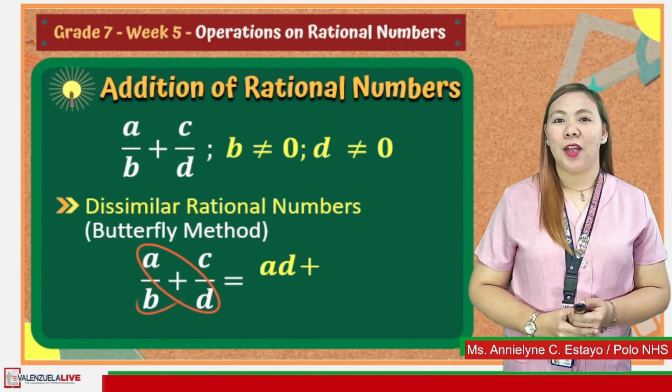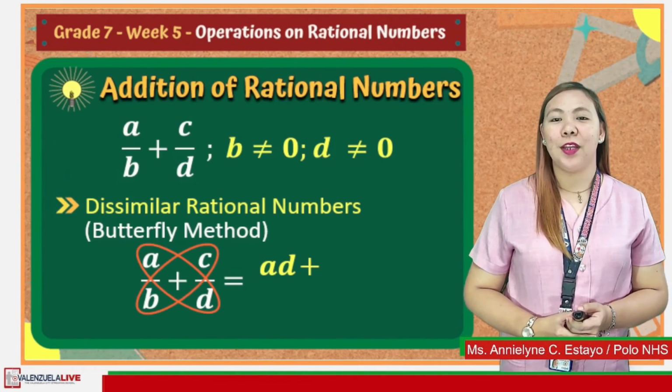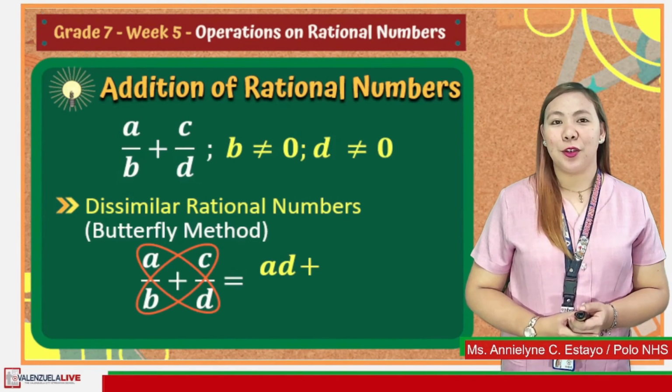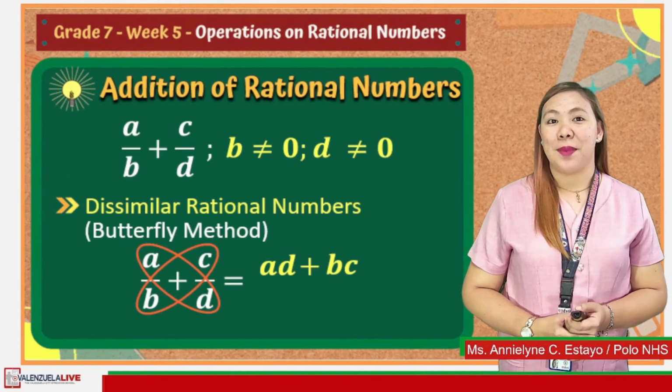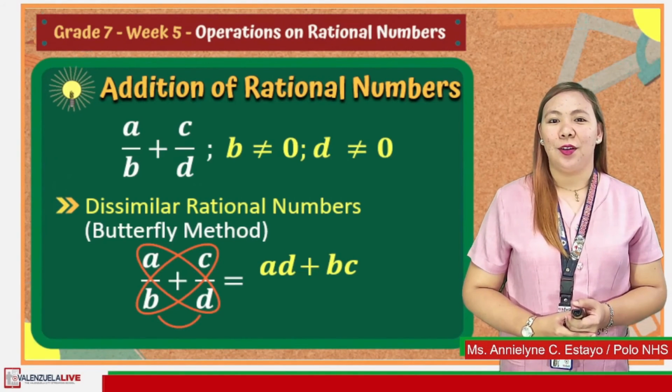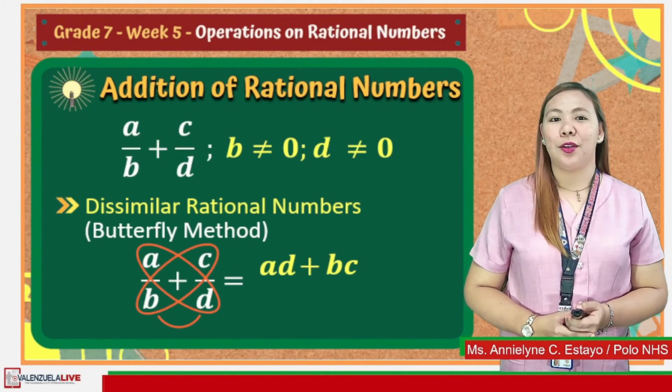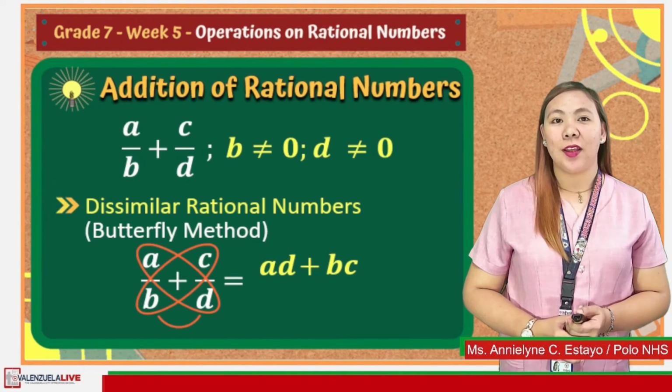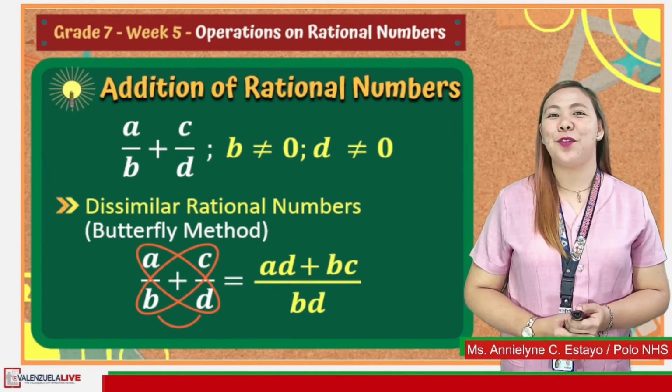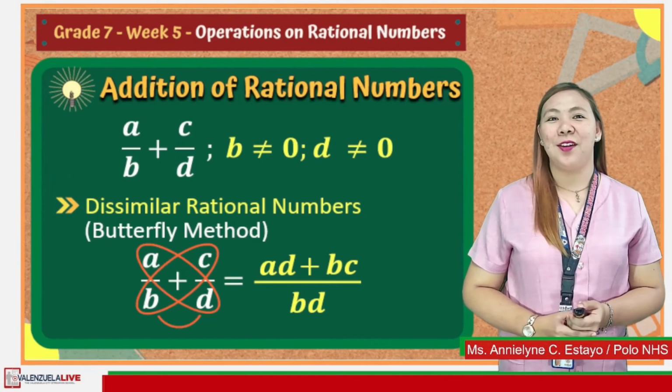Then add the product of the denominator of the first fraction to the numerator of the second fraction, thus we have BC. All over, the denominator will be equal to the product of the denominators of the two fractions, thus we have BD.